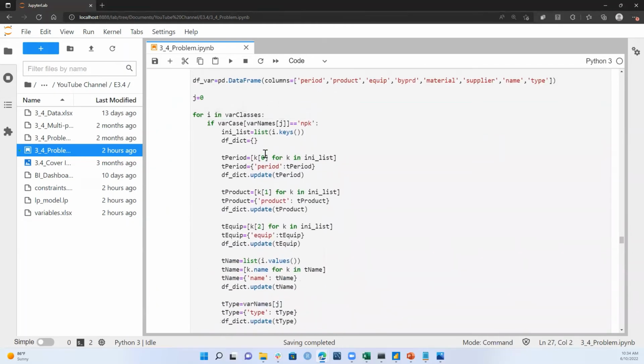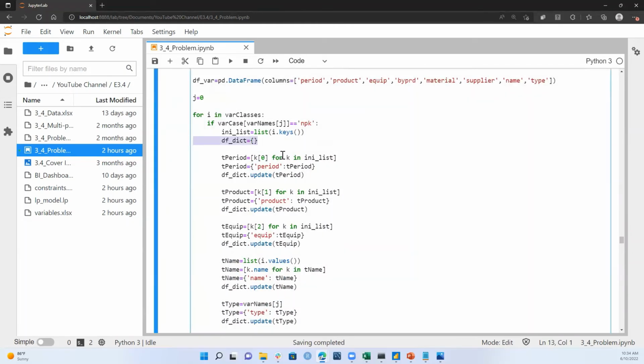Once we have that initial list, we're going to also create an empty dictionary. And then we're going to populate this dictionary as follows. For the first sub-element in each element of the initial list, we're going to extract that into a list called t period, because we know that the first element is period.